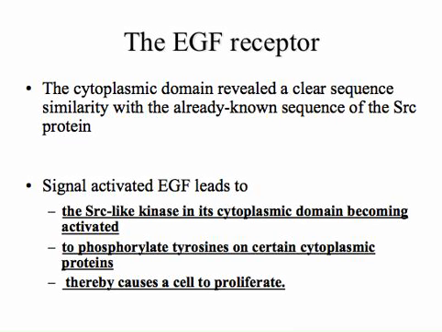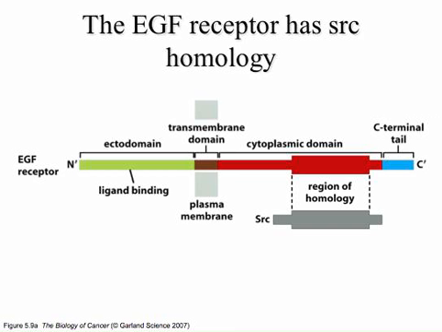An example of one of these growth factors, which is potentially an oncoprotein, is the epidermal growth factor, EGF. And this oncogene can become activated by point mutations to become hyperactive.